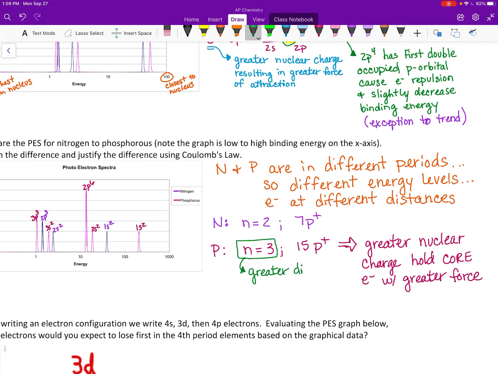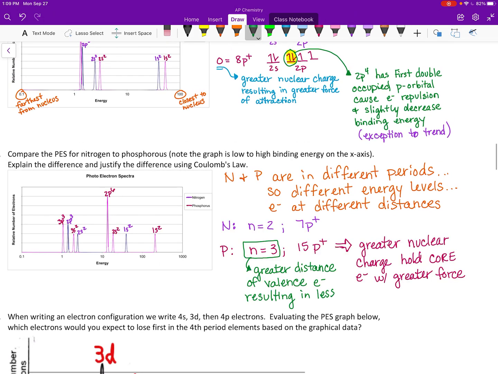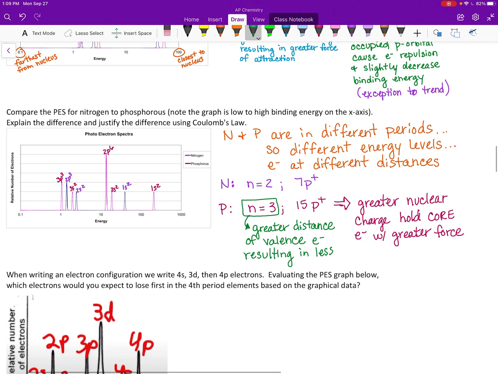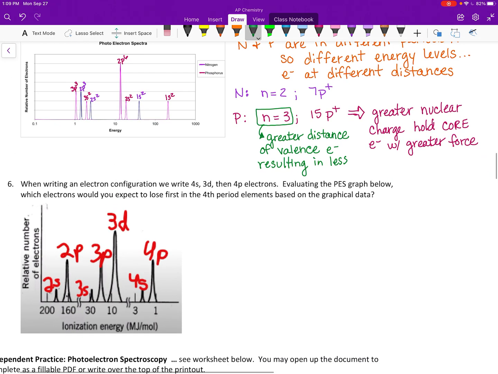So we have greater distance of valence electrons resulting in less force of attraction to hold those there. Okay, so it's really all about putting together what's happening with Coulomb's law with what we are seeing in the data. So just kind of think of it that way.